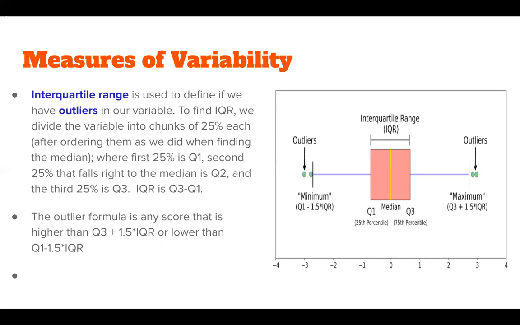So if a value is lower than Q1 minus 1.5 times IQR, we consider that an outlier. And if a data point is higher than Q3 plus 1.5 times IQR, we consider that an outlier. This is important because for certain types of analyses and certain types of distributions, it sometimes makes sense to not include outliers in your analysis. This is how you determine which data points are outliers.